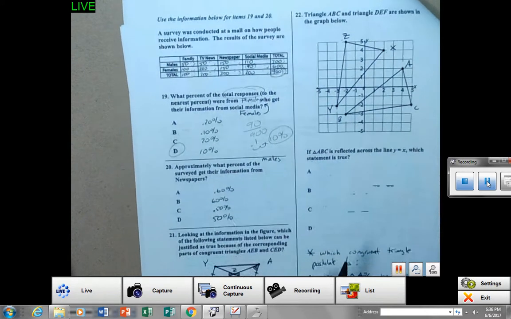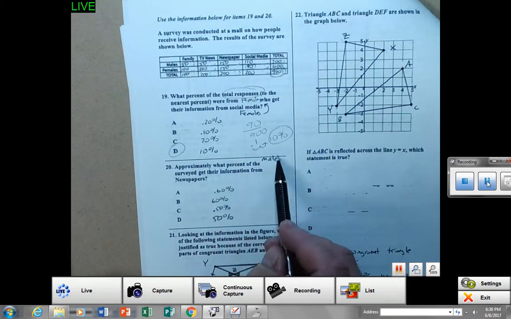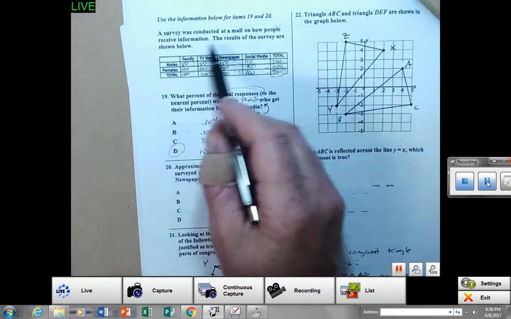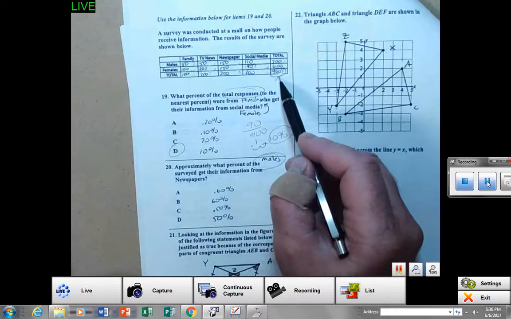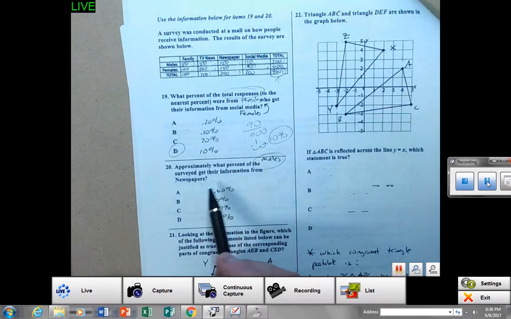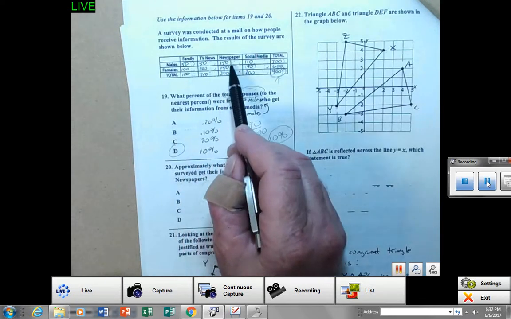All right, this one, a little bit harder. What percent of the males? This is saying what percent of just the total males, not the total responses, which are all the responses all together. This is asking for just the percent of the males. So if I look at newspapers and males, I have 150.